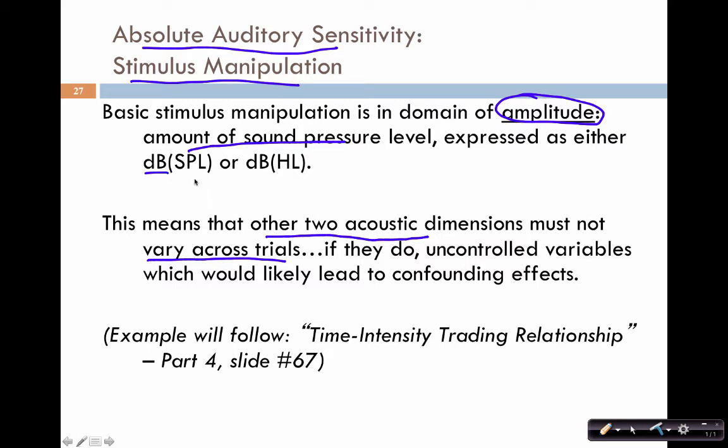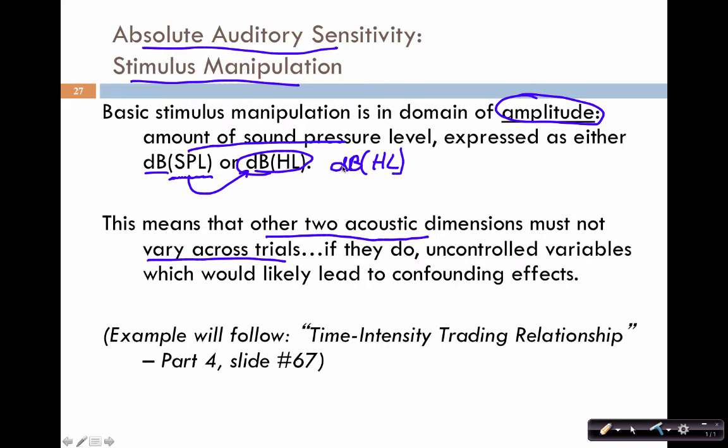There are two kinds of decibels that we'll talk about. The decibels we talked about already in the course, dB sound pressure level, or a conversion of dB sound pressure level to audiometric decibels, which are dB HL. So when you use an audiometer, an audiometric test device, the dial there that's read in dB will show dB HL.